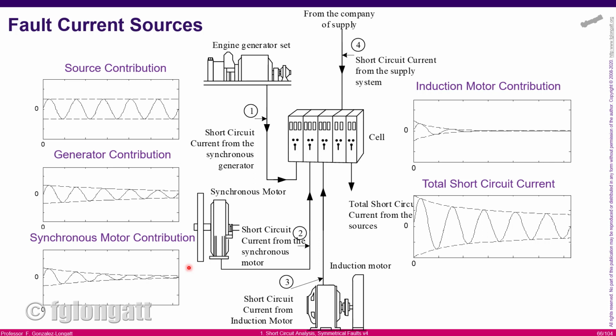The source coming from the power supply is probably a very big and non-decreasing short circuit current. Local generators provide short circuit contribution, but it is damped over time. Synchronous motors are similar to synchronous machines. They provide short circuit contribution, but it is damped over time.